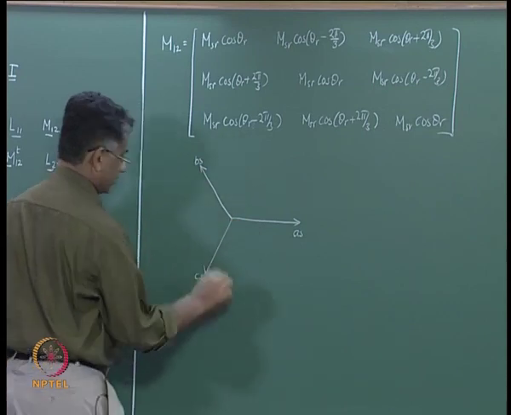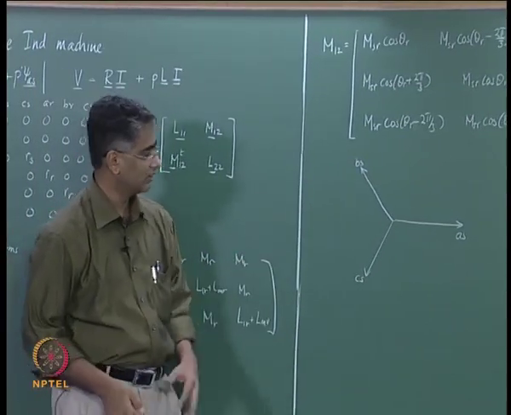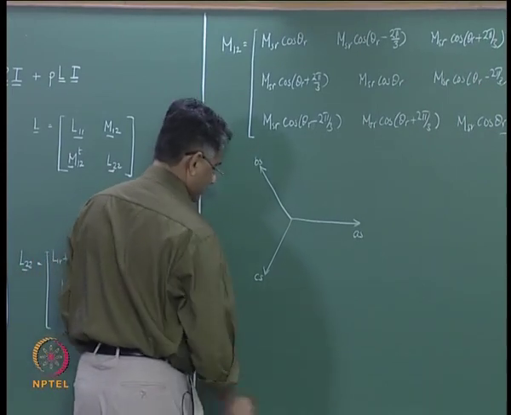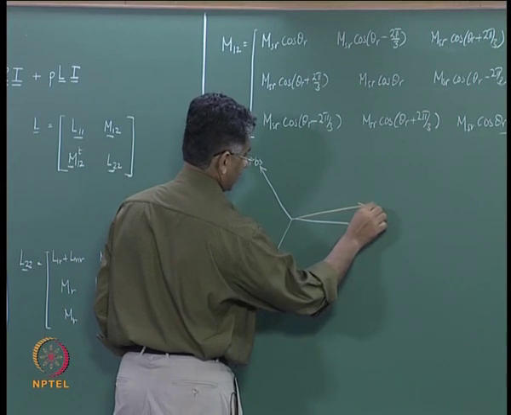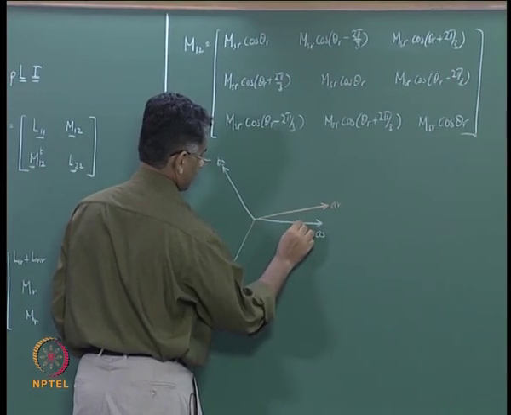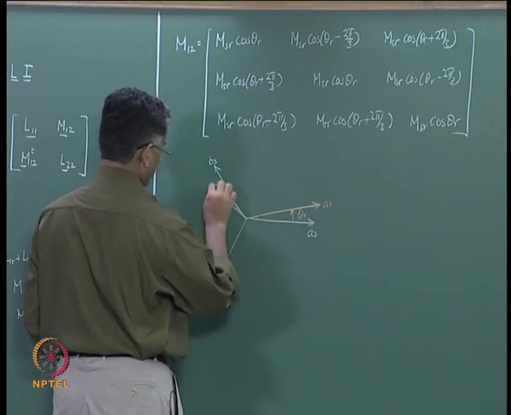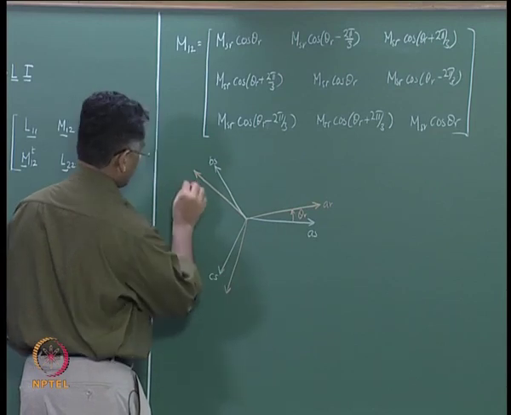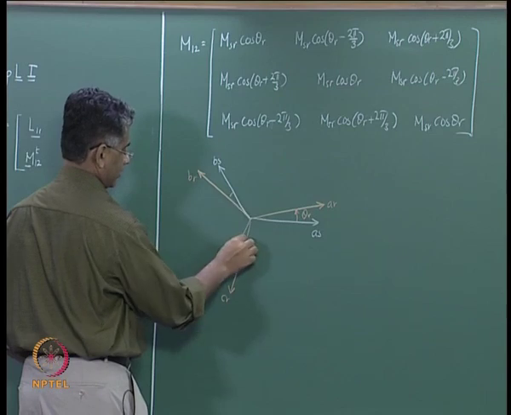This describes the spatial orientation of the stator axes, and the rotor axes are displaced from the stator axes by an angle theta r, that is the rotor axis, and this angle is theta r, and therefore you have BR here and CR here. So all these angles are theta r.